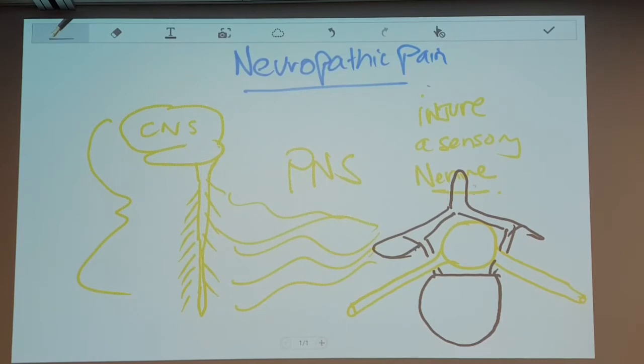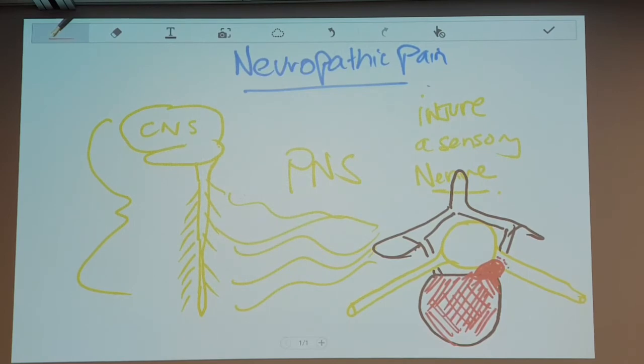These are the little wings, and then the disc lives in here. Now, a spinal disc prolapse is when part of the disc herniates out like that and irritates the nerve right here.